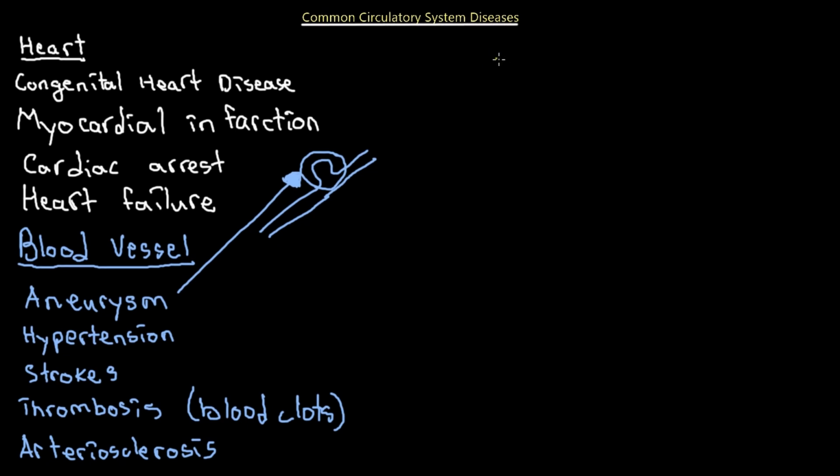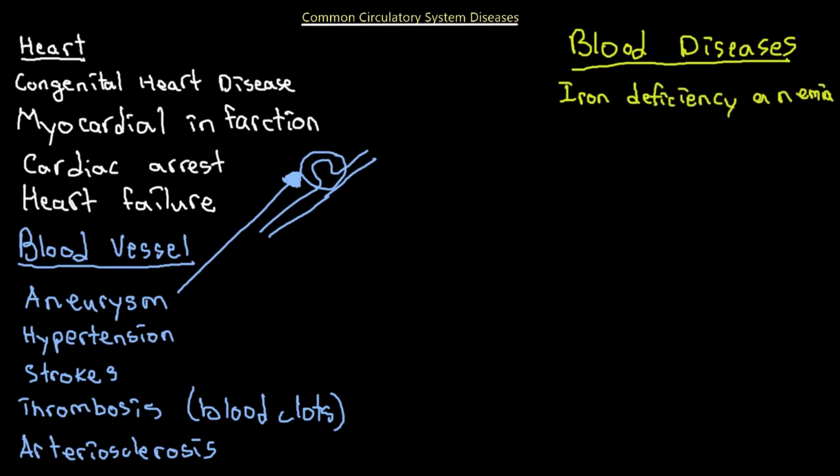And finally, looking at the blood diseases, typically these would be associated with the cells of the blood. First, there's various kinds of anemia. So we've got iron deficiency anemia.